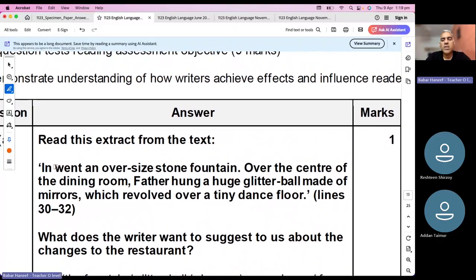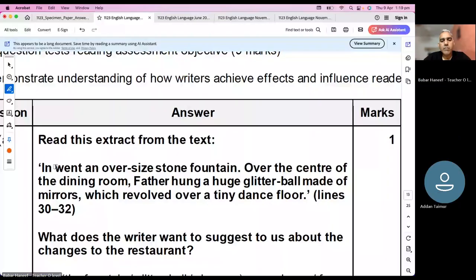Okay, Noor, can you read this one, please? "Invent an oversized stone fountain over the center of the dining room. Father hung a huge glitter ball made of mirrors, which revolved over a tiny dance floor."